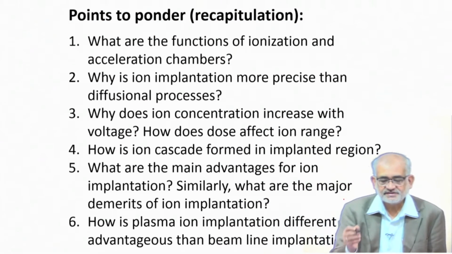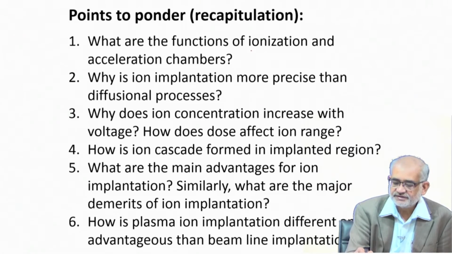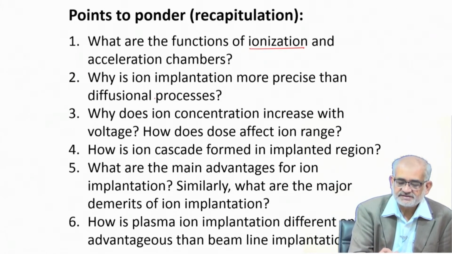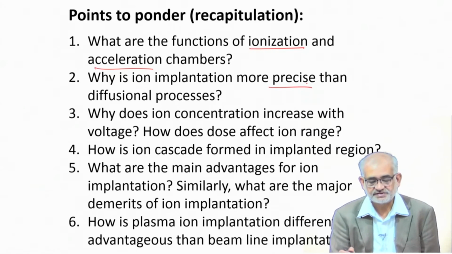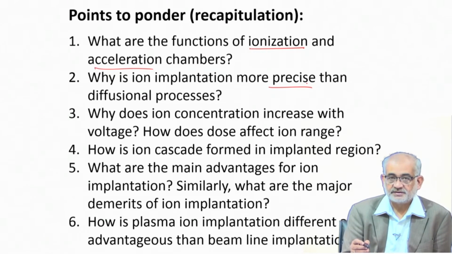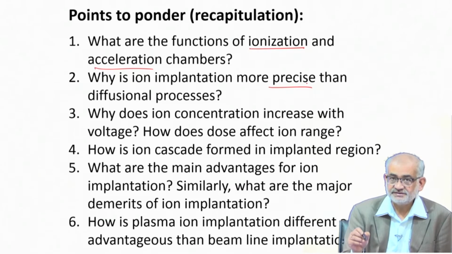So what we have discussed, we have understood that there is a certain functionality of an ionization chamber and an acceleration process in the chamber, and exactly this is needed, otherwise we can't do implantation. This is much more precise than any other diffusional process because we have extremely high precision in the site selection or location, and also in the control of the depth to which we can allow this diffusion or penetration.